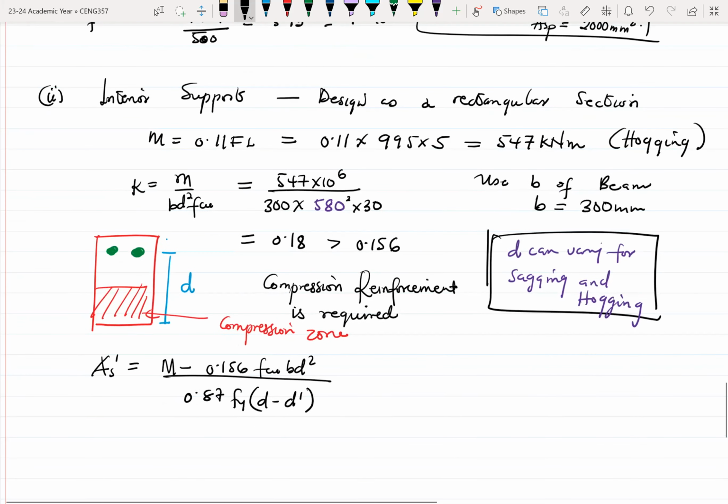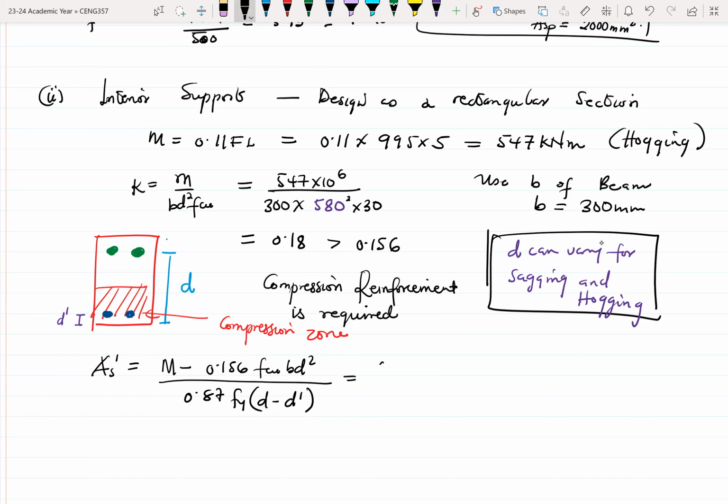Now let's find D prime. So we'll need compression reinforcement. So this is compression reinforcement. So our D prime will be the distance from the compression reinforcement to the compression section of flange. So this becomes our D prime. Okay. So in design, as an engineer, you have to come up with all of these values.